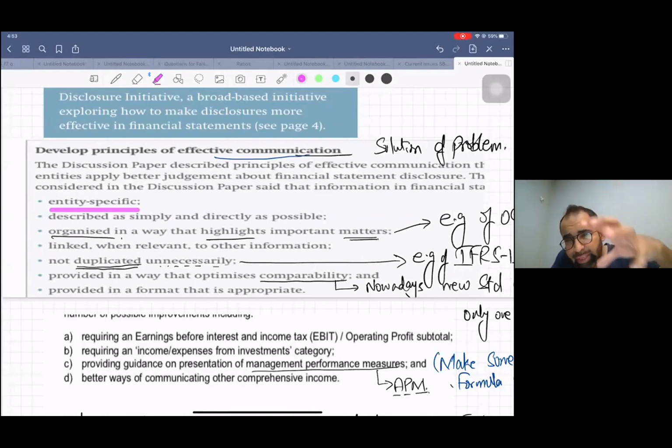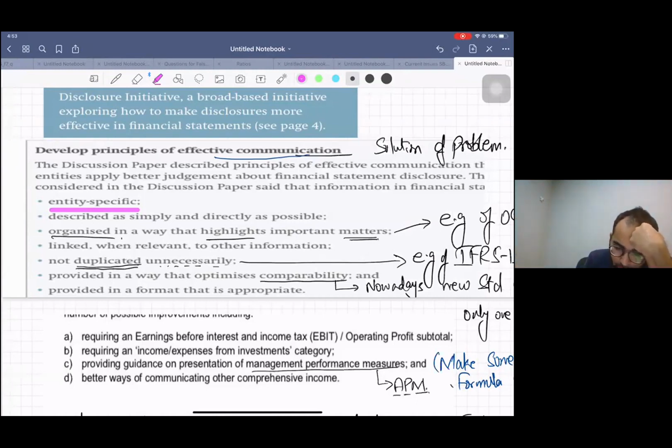Like for banks, they want to give different guidelines. For the manufacturing sector, they want to give different types of instructions, so that it should be effective, right? Currently the guidelines are almost the same for everybody, but in future, because this is a current issue, it has not yet been applied in the world, right? So now they are planning to do entity specific guidelines, so that it will be more effective.